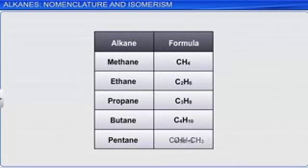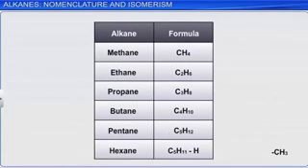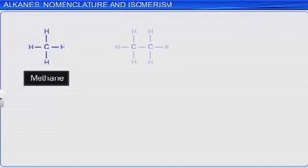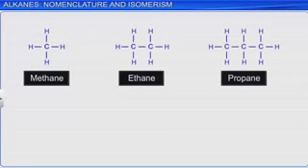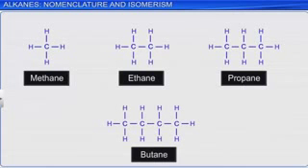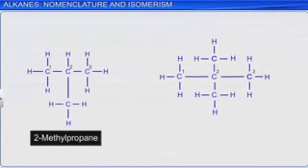There is no limit to the number of carbon atoms that can be linked together. However, as the number of carbon atoms within a molecule goes on increasing, the structure becomes more and more complex.